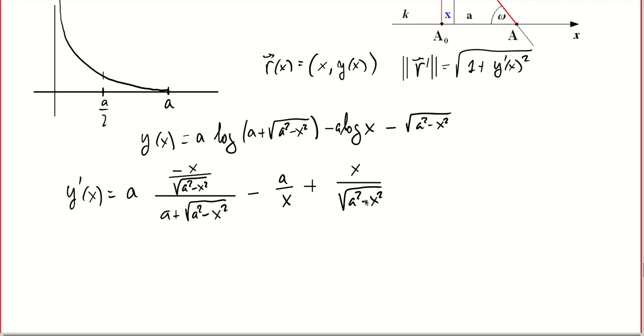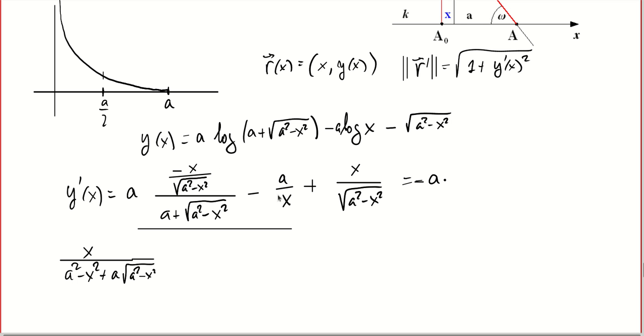Okay, we now have to simplify this a little. Let's focus first on these two terms here, and forget for the time being the factor that you have here and the minus. So you have a minus a, multiplied by whatever we're going to calculate now, which is x divided by the square root of a squared minus x squared, multiplying this down by this square root, so you have a squared minus x squared, minus plus a times the square root of a squared minus x squared.